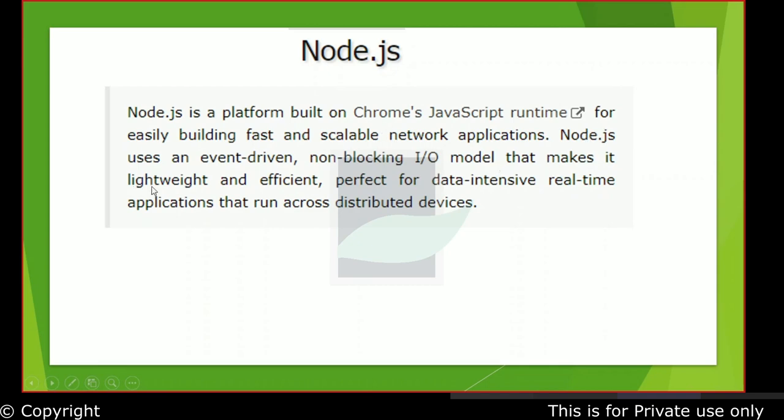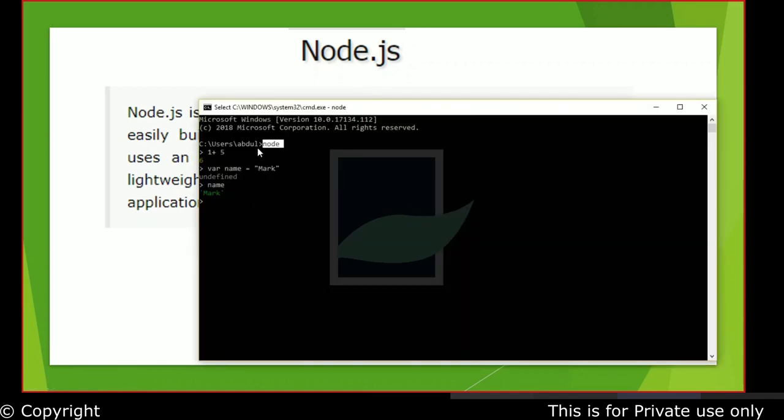So what is Node.js? It uses an event-driven, non-blocking I/O model. What is event-driven? What is non-blocking I/O? These are the things which make Node more performant and faster. We'll speak about it when we start speaking about Node. To keep it simple, Node will help us execute JavaScript outside the browser environment.